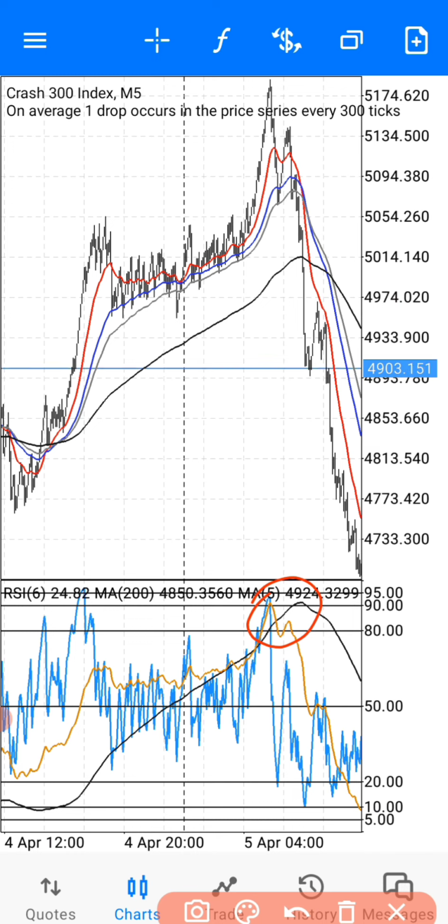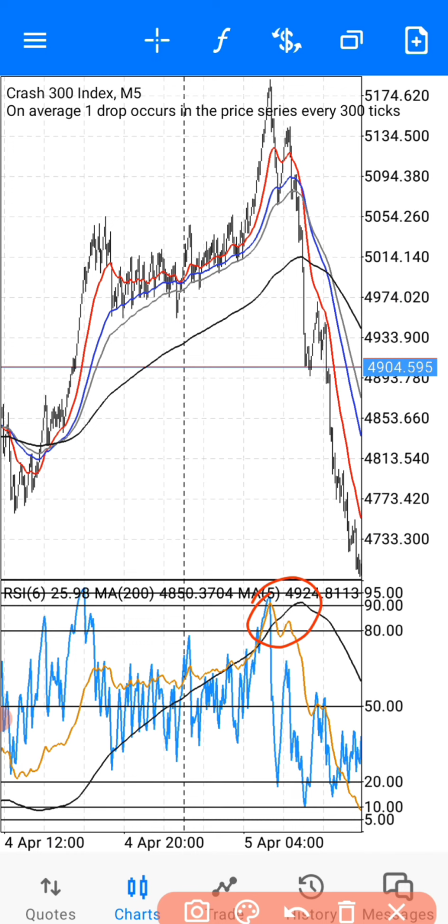The two of them at the top represent exhaustion. It means the RSI had gone there, but the market is not willing to drop, so it now had to carry with it the moving average 5. Anytime you see both of them in the same direction at the same point, it means that the market has overstretched. It can't go beyond that point. It has to start coming down.